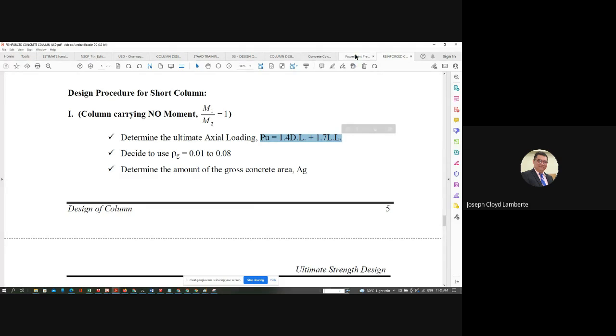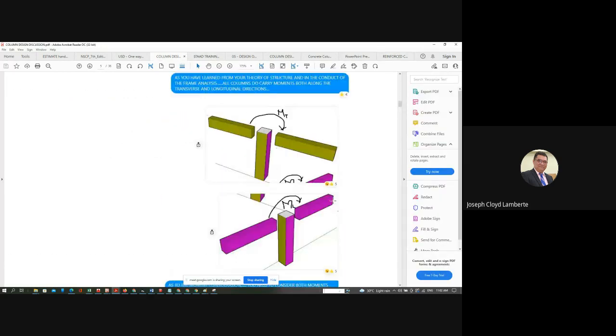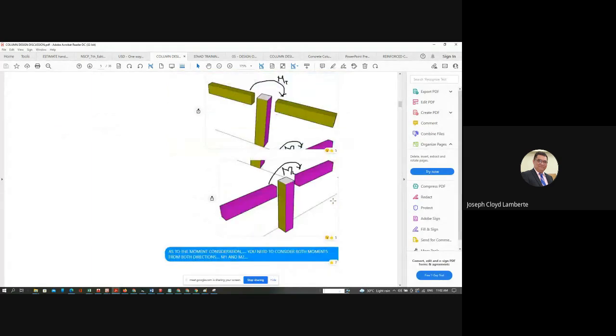Later in your column design next semester, it will be much more tedious than it seems today.